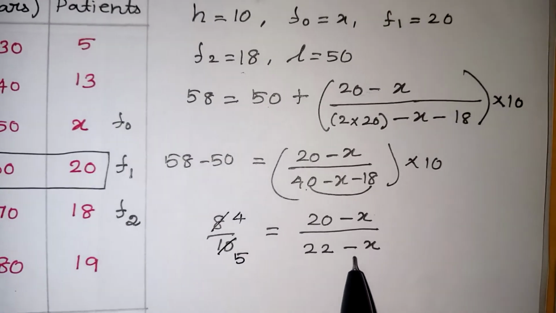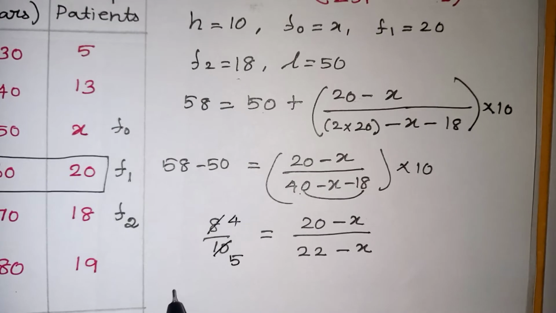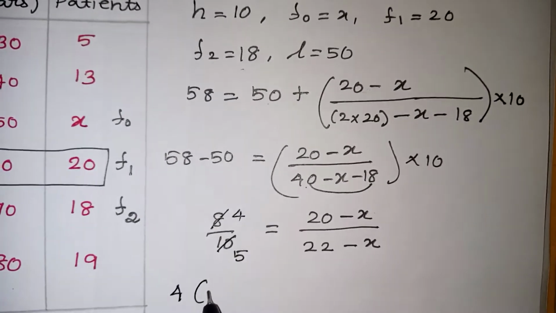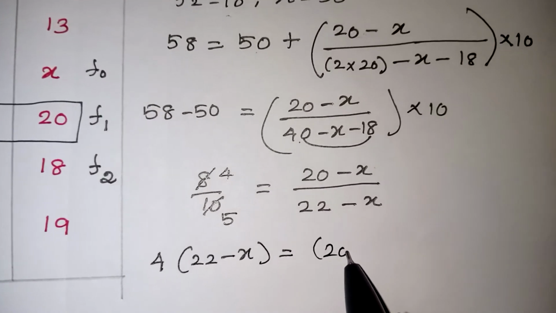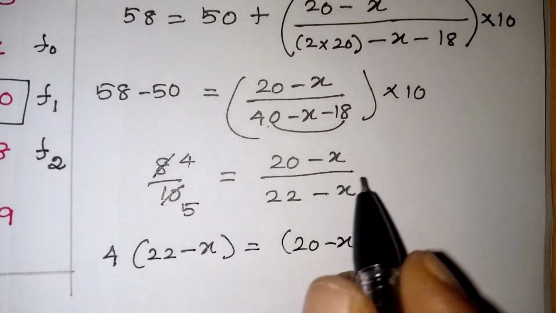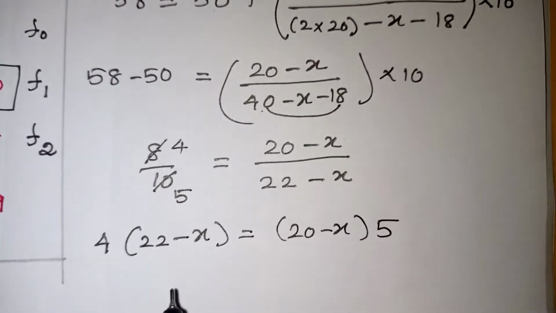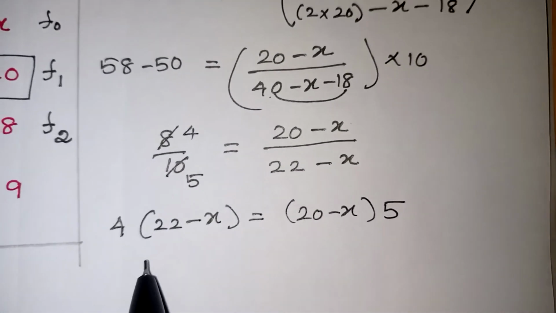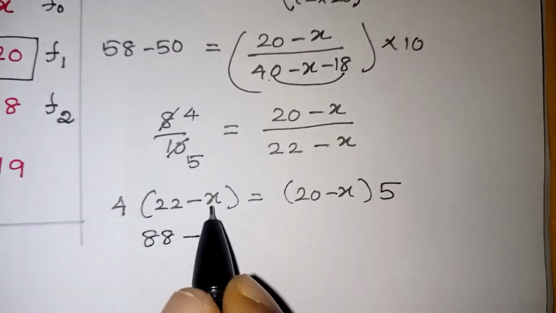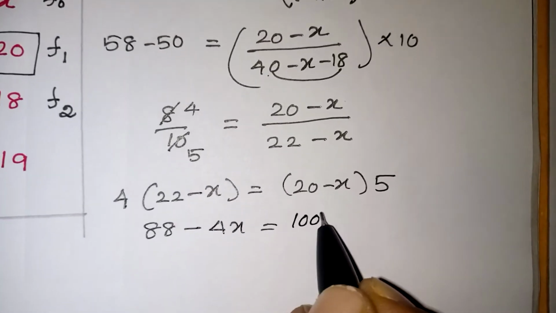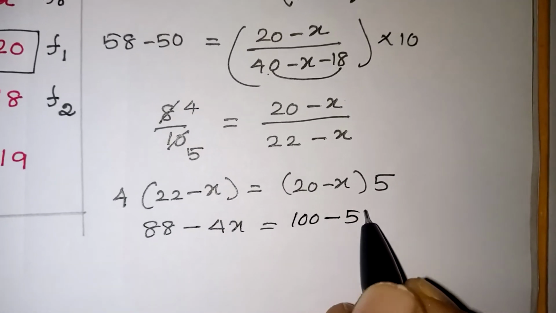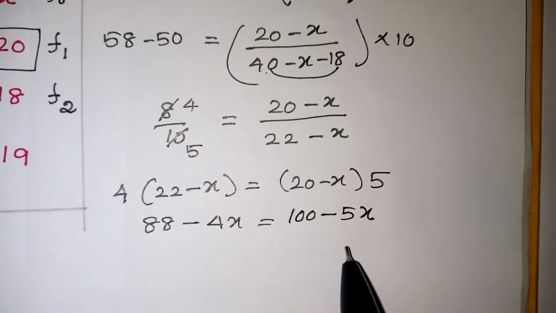To get the x value, let's do the cross multiplication. So here we have 4. Now this 22 minus x we are taking this side. Here we have 20 minus x already. We are taking 5 to that side. So here we are getting 5. Now multiply inside. 4 into 22 will be 88 minus 4 into x, 4x. Here 5 twos are 100 minus 5 into x, 5x. Now bring all the x to one side, numbers to another side.